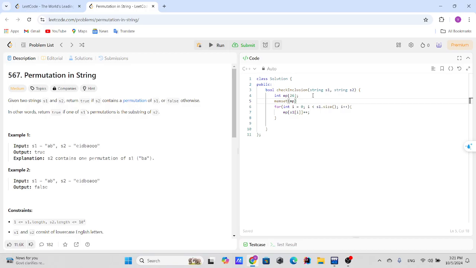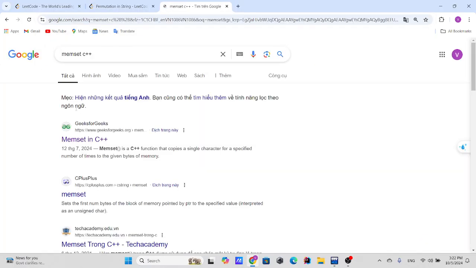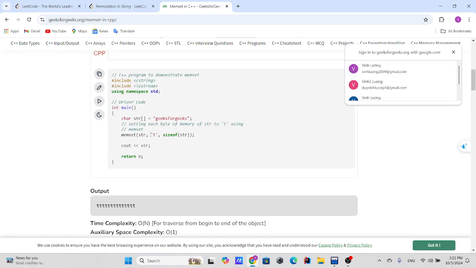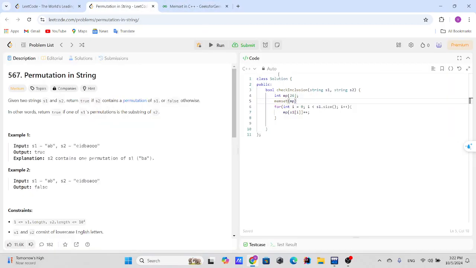How do you actually memset? Like this? Okay, I forgot how to memset in C++. I totally forgot it. memset(mp, 0, sizeof(mp)). Okay. Minus 'a', plus plus.